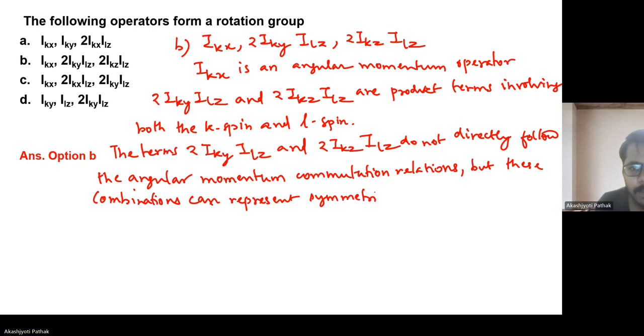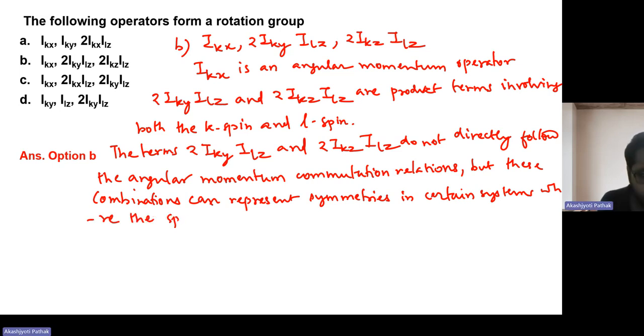Symmetries in systems where the spin operators are coupled.